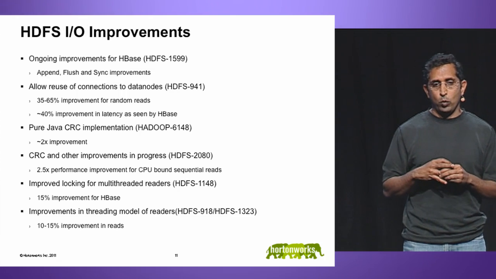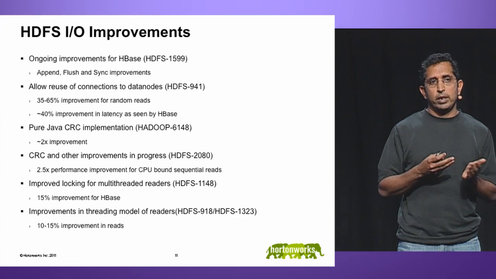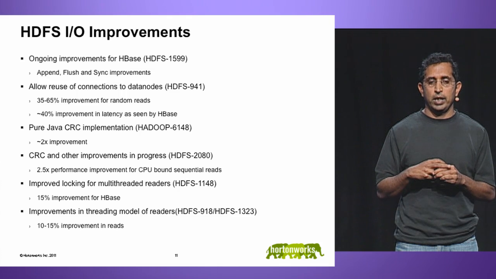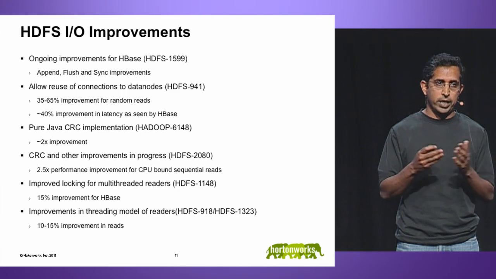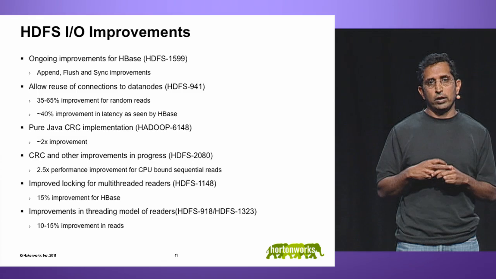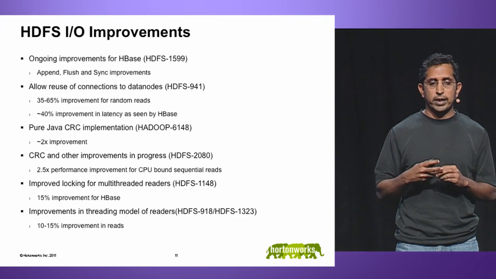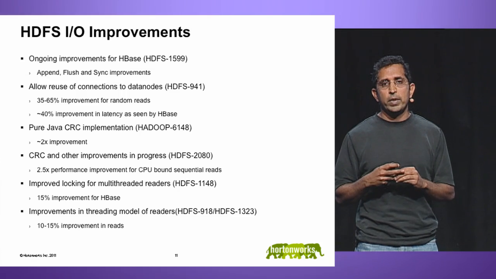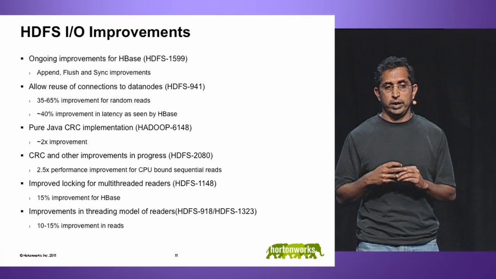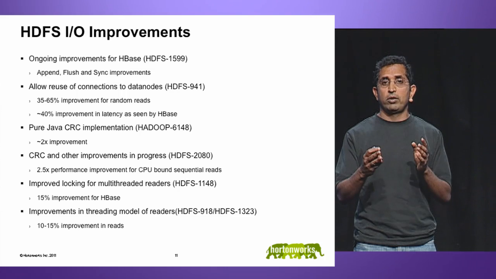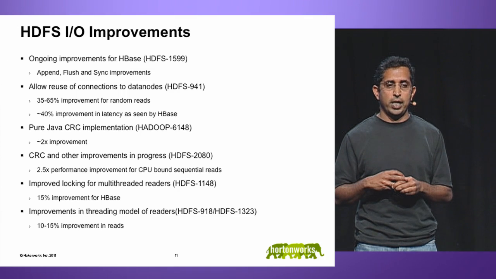The first one is the append implementation that we had in 20 had initially some problems, and it also has some problems at a higher scale, where we had some block-related corruptions and things like that. This has been implemented afresh on release 21, and this is being tested now under scale at Yahoo.